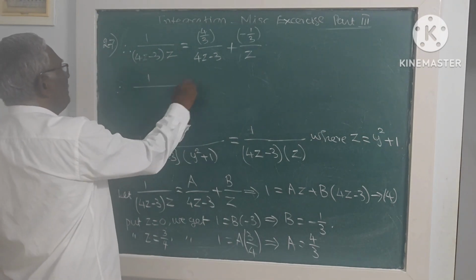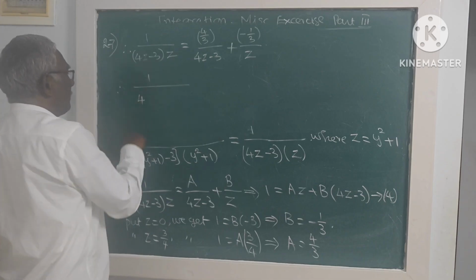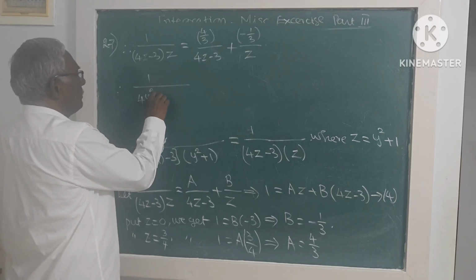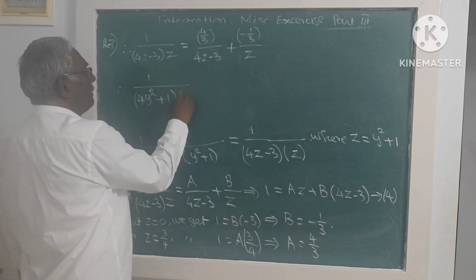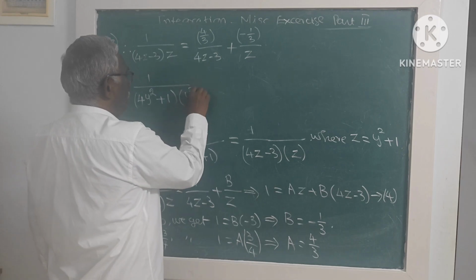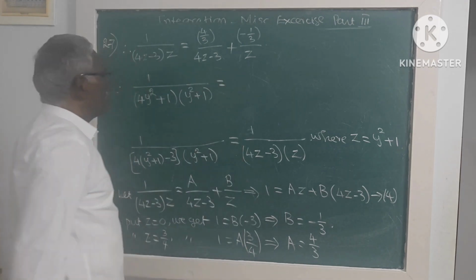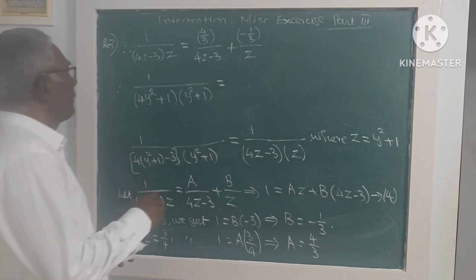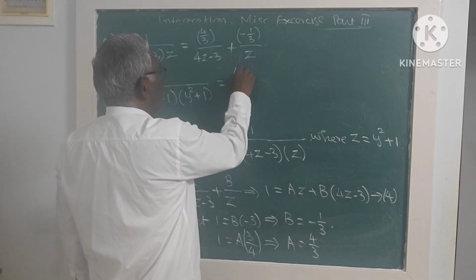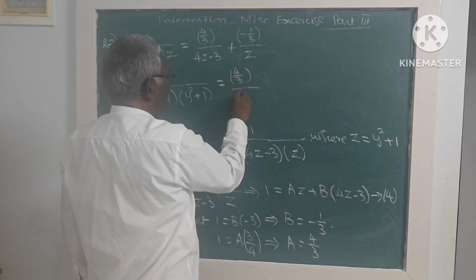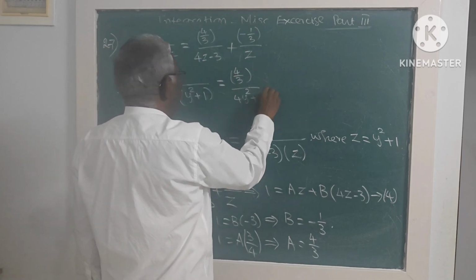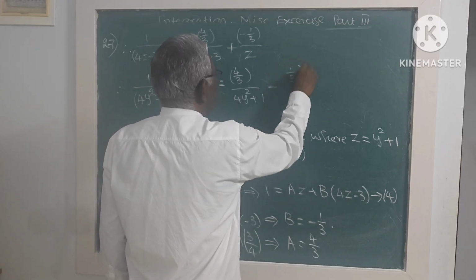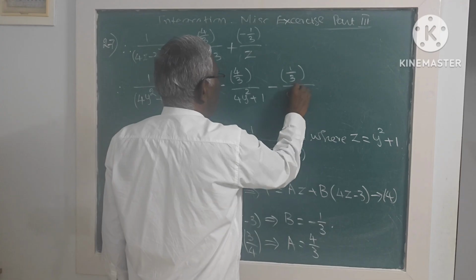Therefore, 1 over 4y square plus 1 into y square plus 1 is equal to 4 by 3 times 1 by 4y square plus 1, then minus 1 by 3 times 1 by y square plus 1.